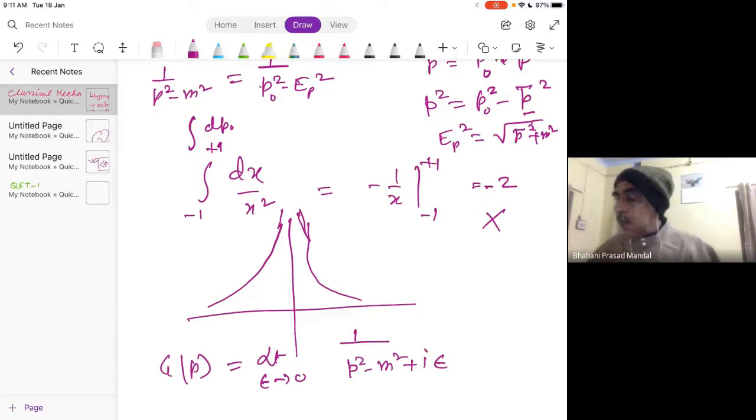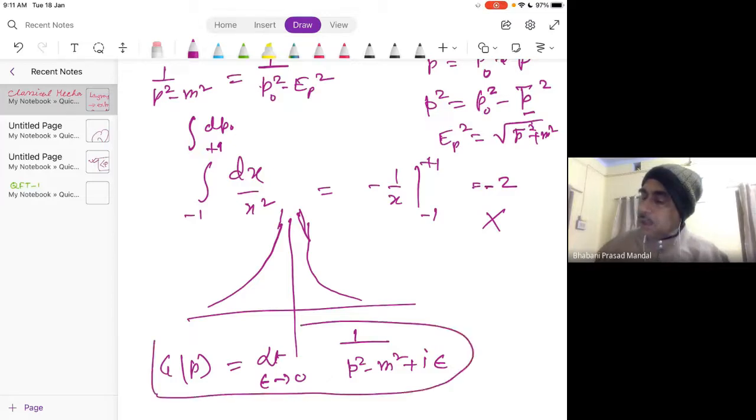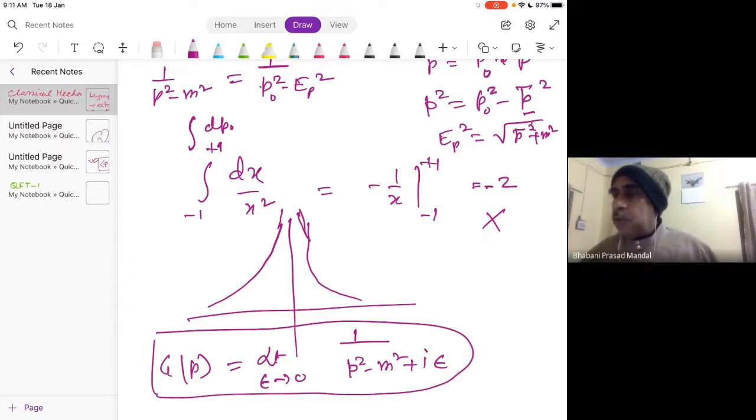So I put an i epsilon, then perform the integration, and after the integration I take the limit. This is the interpretation given by Feynman, and mathematically this is fine, no problem with that. I put in a term to remove the divergence, and after performing the integration I take the limit.